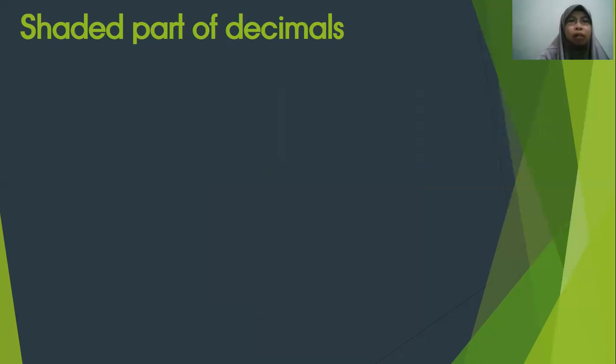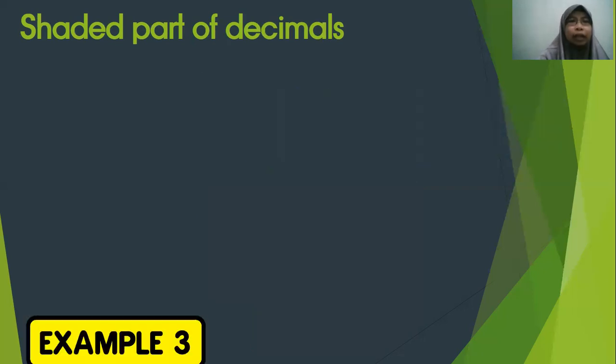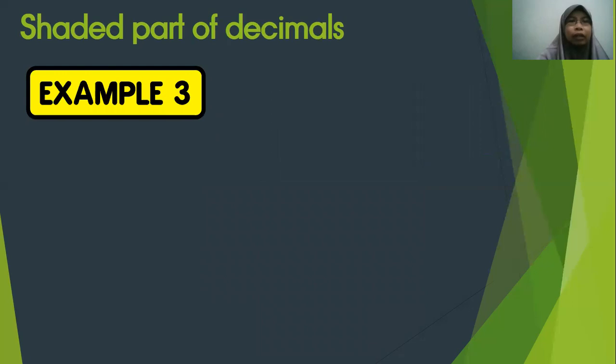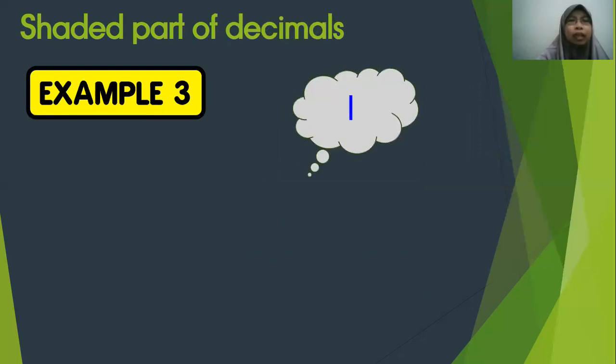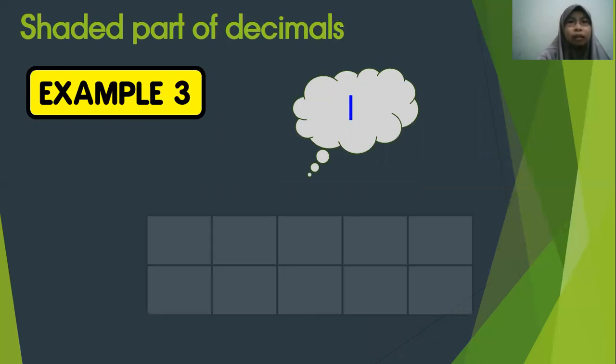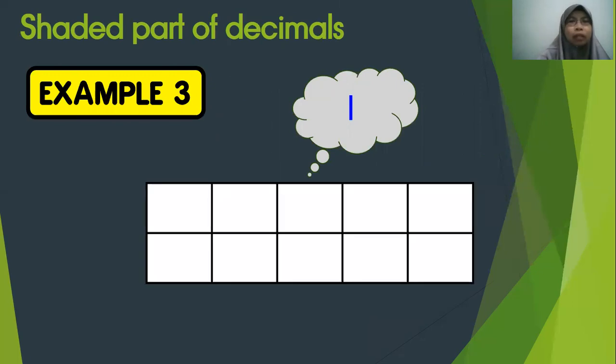Okay. How about example 3? Regarding this decimal number, this question gives you 1. What is the meaning of 1 in decimal? Remember back our previous example.